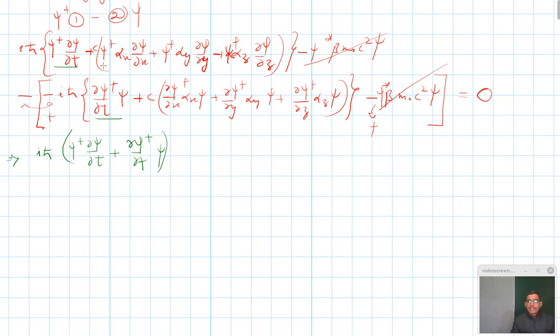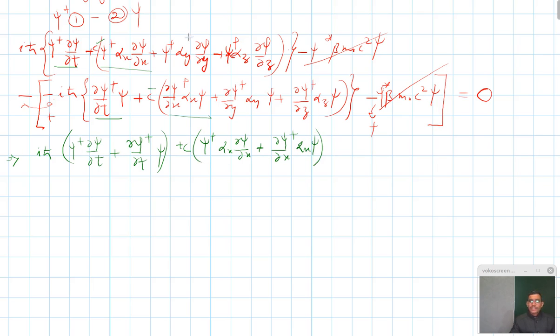Similarly, these are the other terms. This term along with this term, they can be put together, and c is also common with both, right? So it is c. So I will write down it as psi dagger alpha x curly psi by curly x plus curly psi dagger over curly x into alpha x psi.